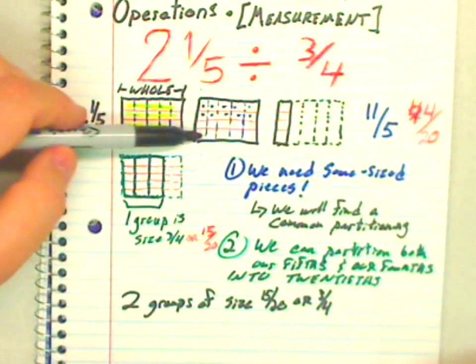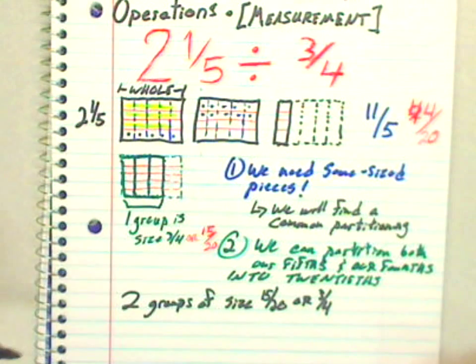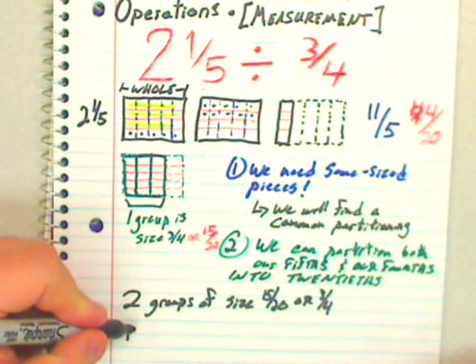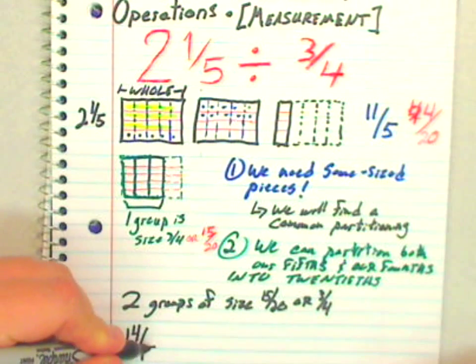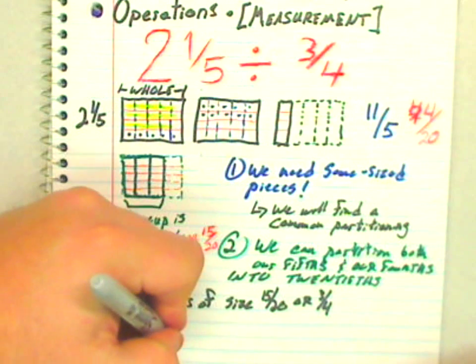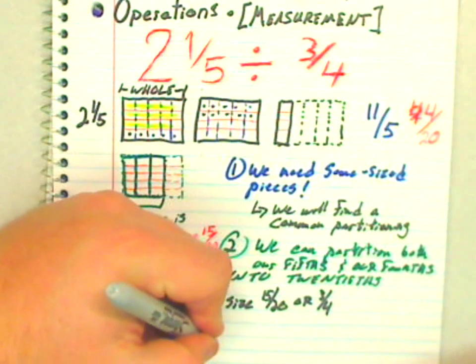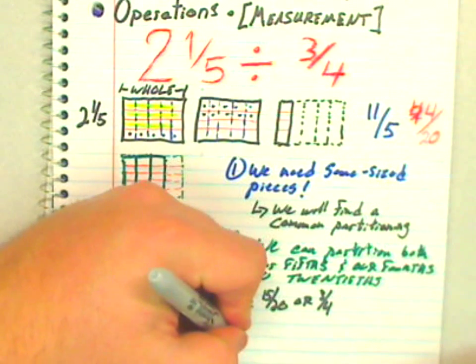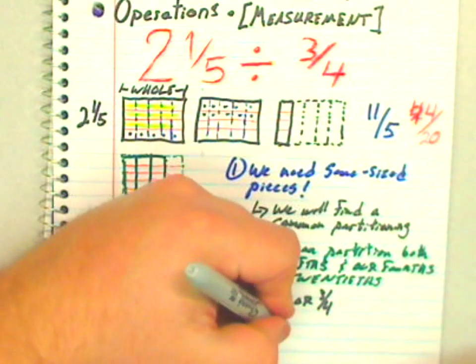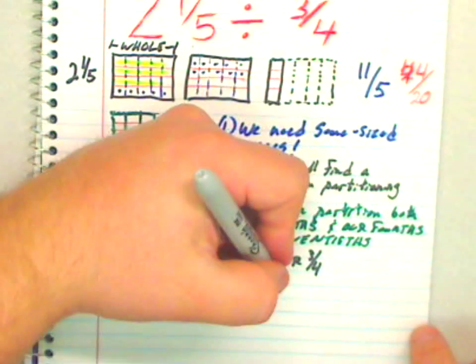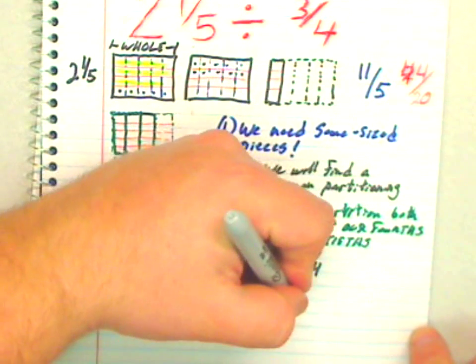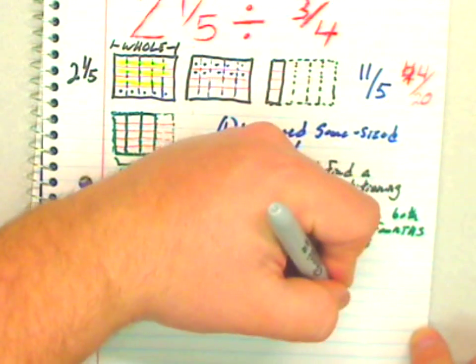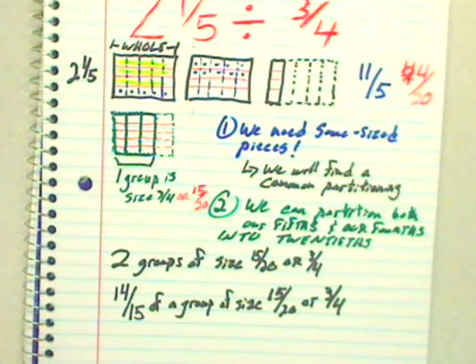I only have 14 pieces. So I don't have a full group. Instead, I have 14 15ths of a group of size 15 20ths, or you can call it 3/4. It's the same thing. Okay, can you see that?